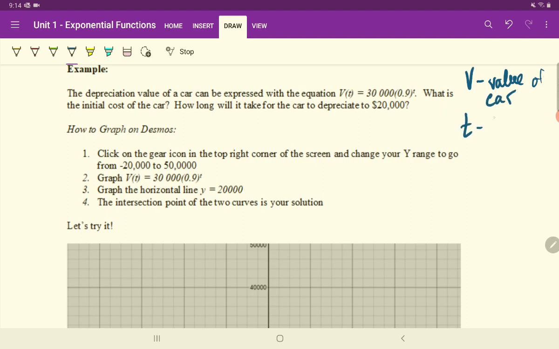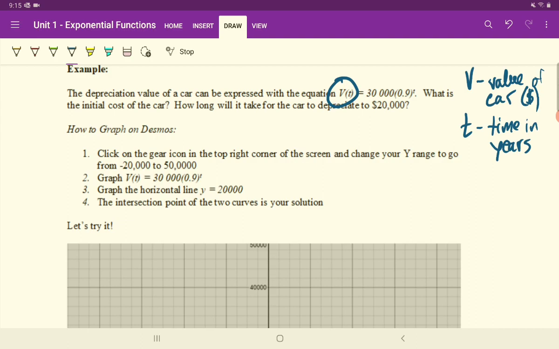T represents time in years. And the value of the car should just be in dollars, of course. Okay? So, remember, this is just function notation. That's all it is. It's not V times T. Please don't think that that's V times T. It's just simply communicating that the variables that we have in this equation are value and time.